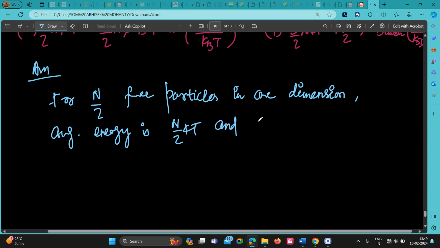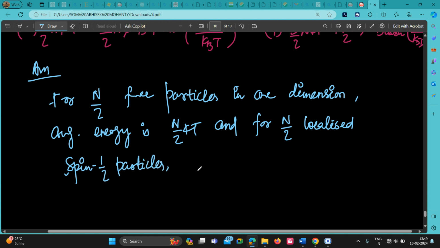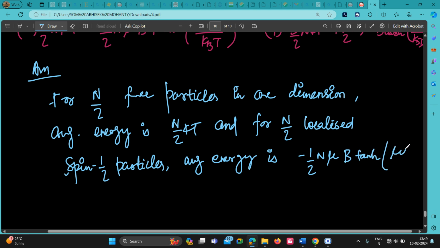And for N by 2 localized spin half particles, the average energy is minus half N mu B tanh(mu B by kBT).